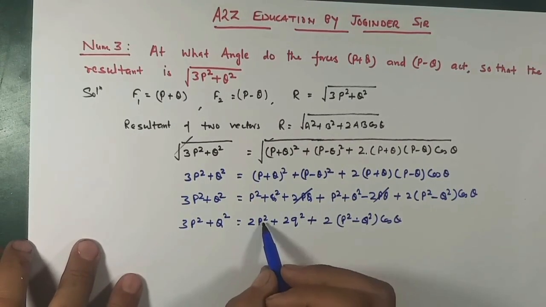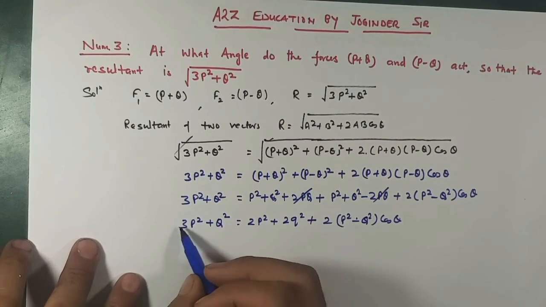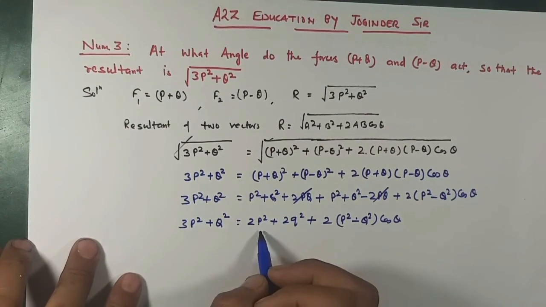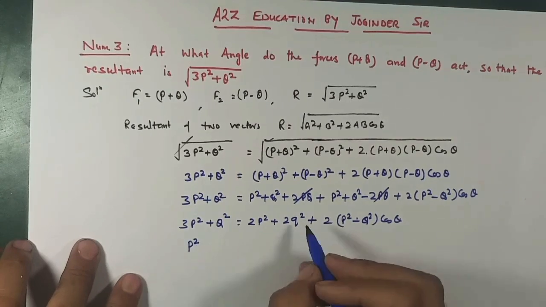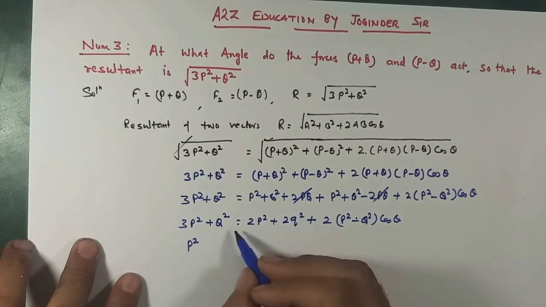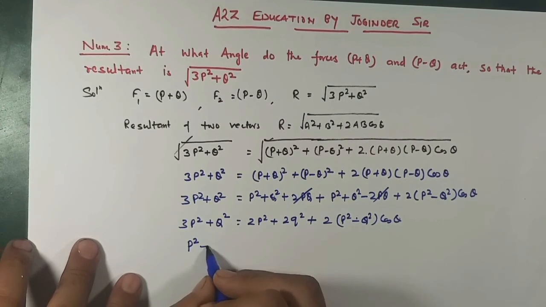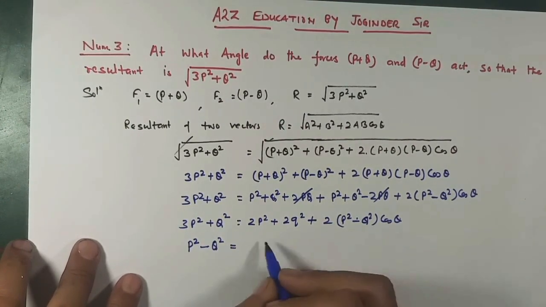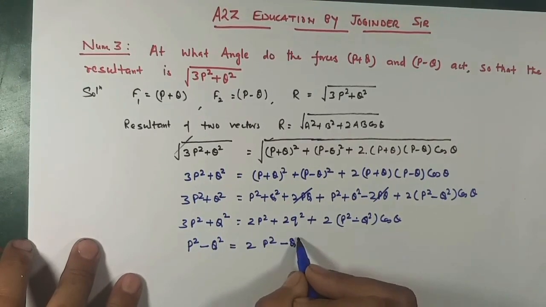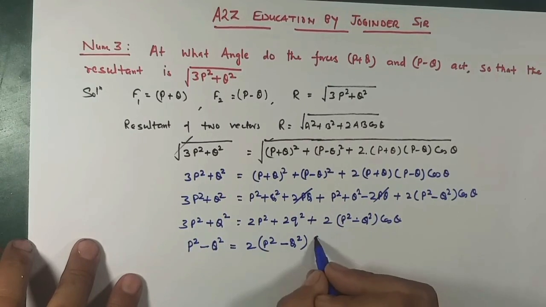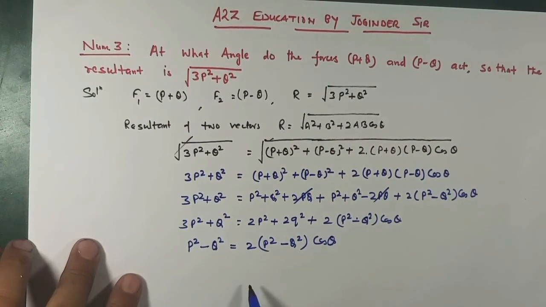It will become 2P square, on the other side becomes minus 2P square, then 3P square minus 2P square is equal to P square, and it becomes minus 2Q square and Q square means minus Q square, equal to 2 into P square minus Q square cos of angle theta.